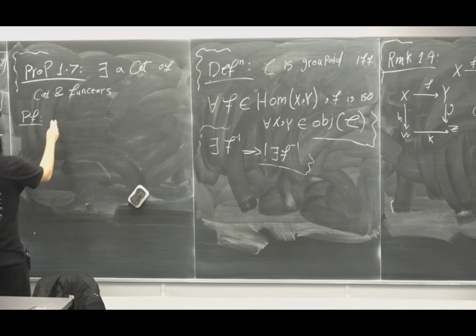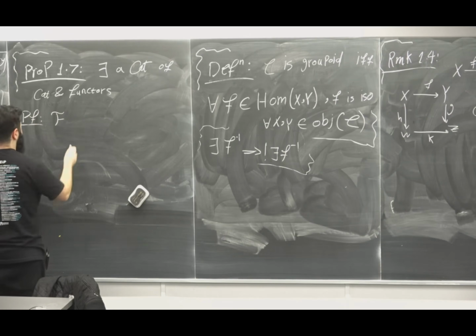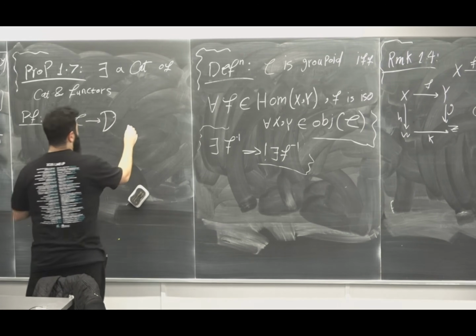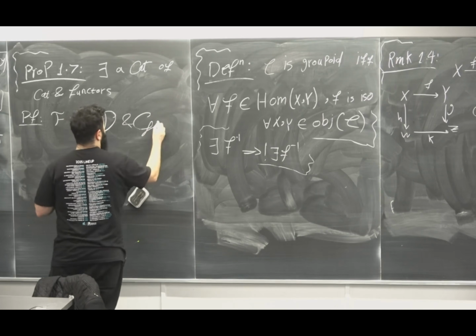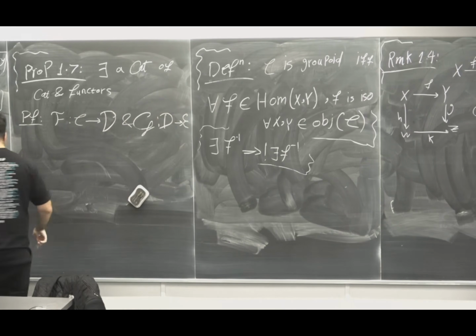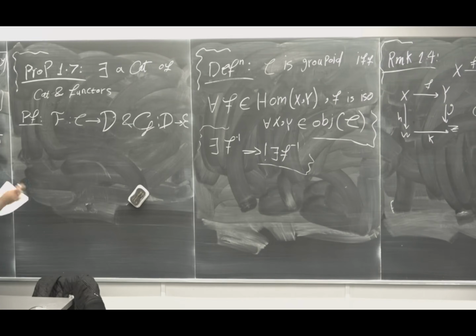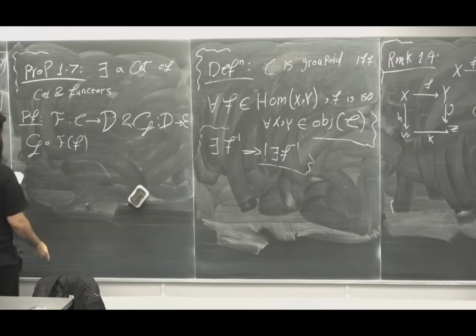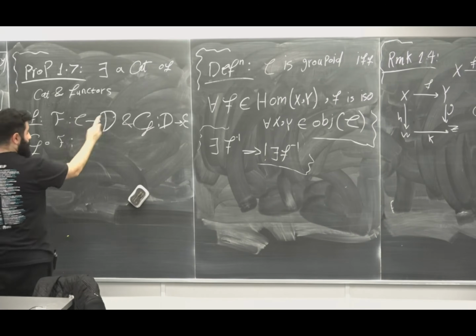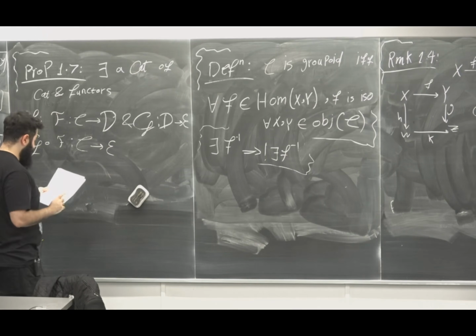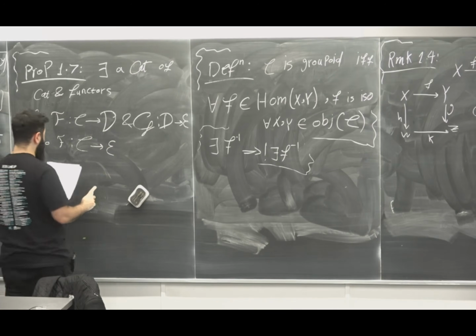Let F be a functor from C to D, and G also a functor from D to something E, mathcal E. These are functors, and the composition of these functors is going to go from C to E. It's a mathcal E.